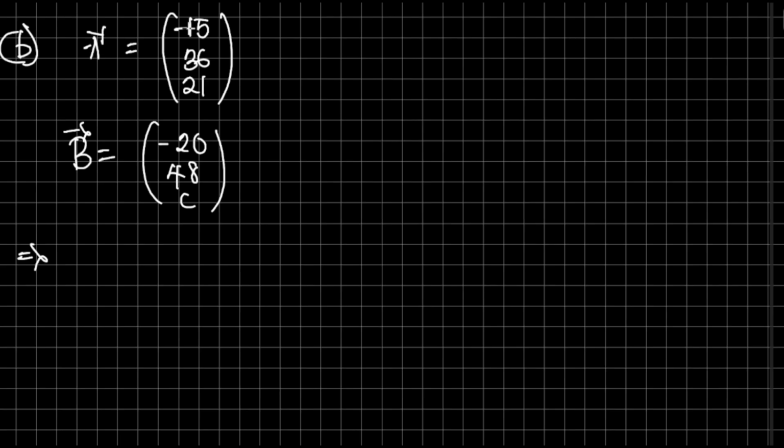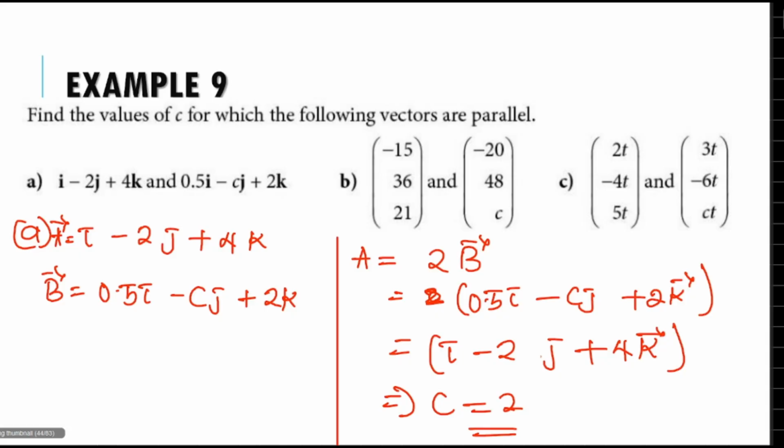So what is the relationship between minus 15, 36 and 21? What can we see from there? If we study it very well, what relationship can we get from those parameters? Okay, so let's do something here.